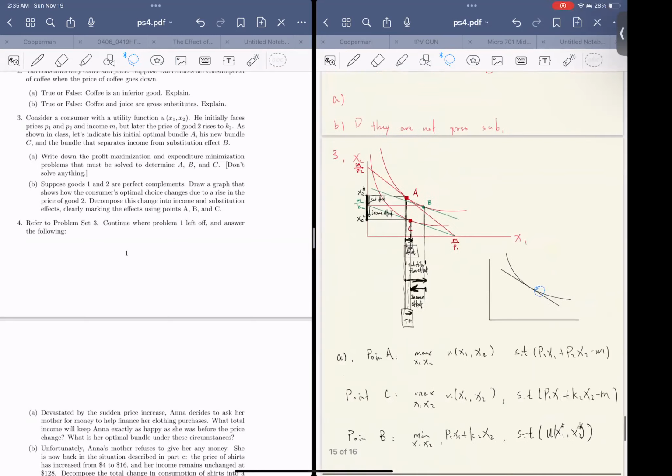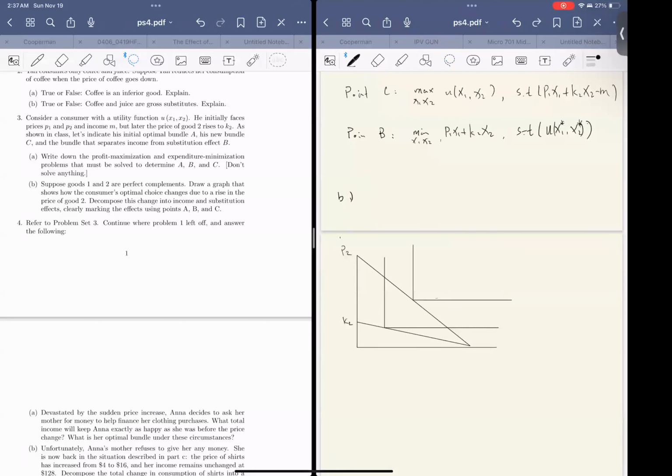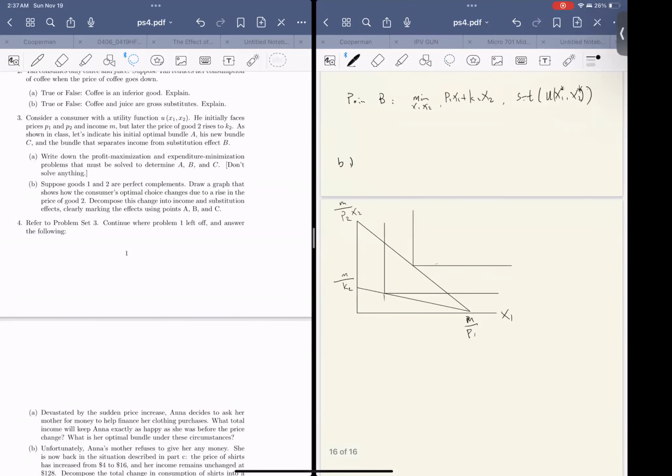So the price change from P2 to K2, and x2, x1, this is P divided by P1. So this whole thing, the total effect, is actually all income effect, because they're perfect complements.